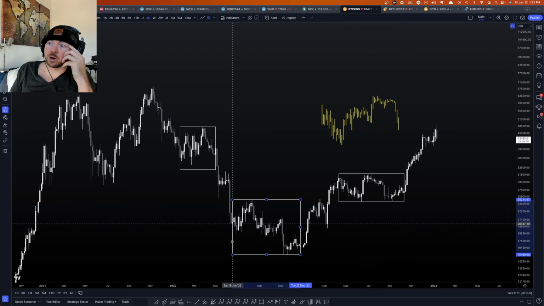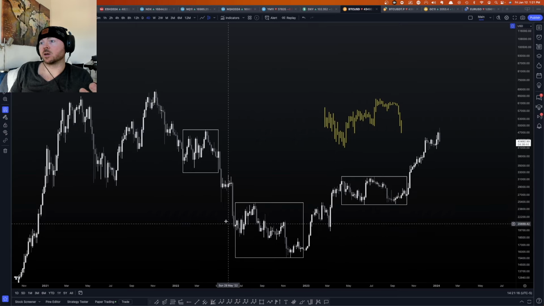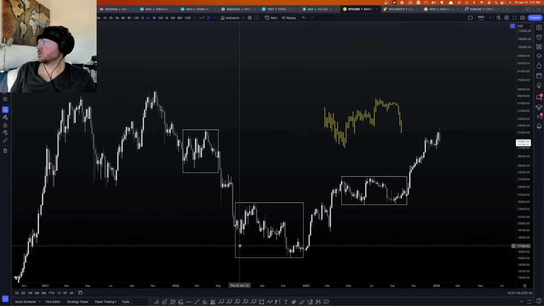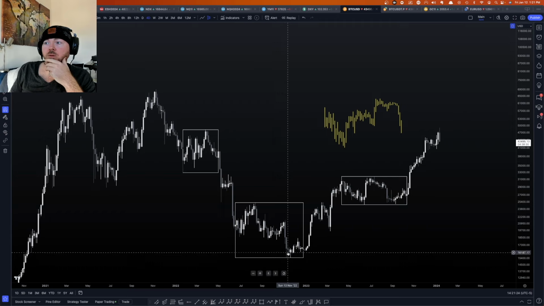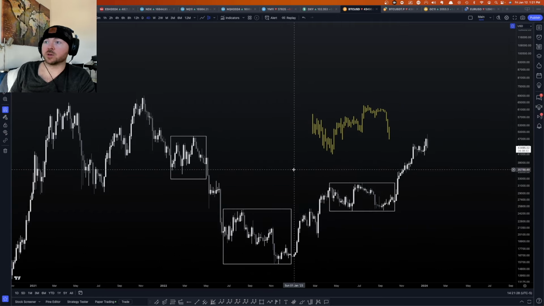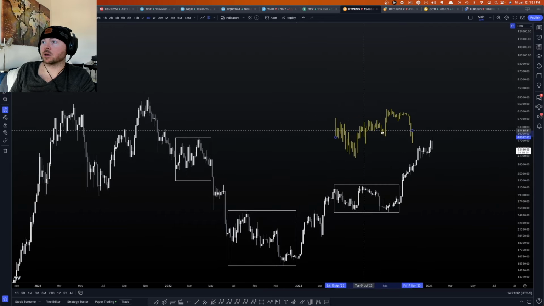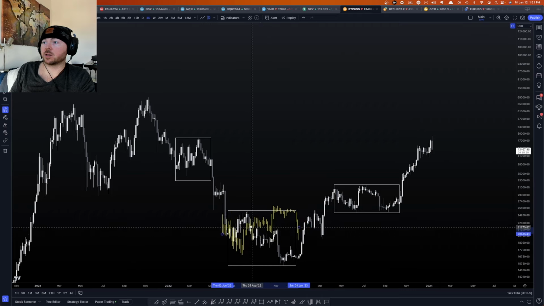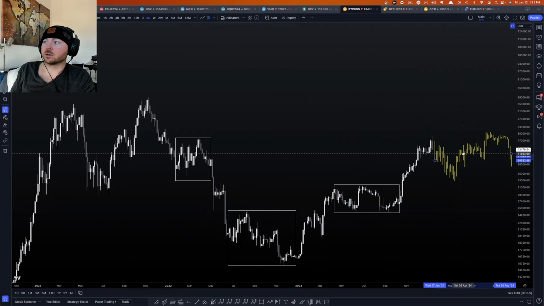And then there ended up being one more low, as is often the case when you impulse into an area and you make a good low, there often is one more. You can think of that in terms of EW or however you want. It's just pretty common. So all I did was take a fractal here and flip it. That's all I did.